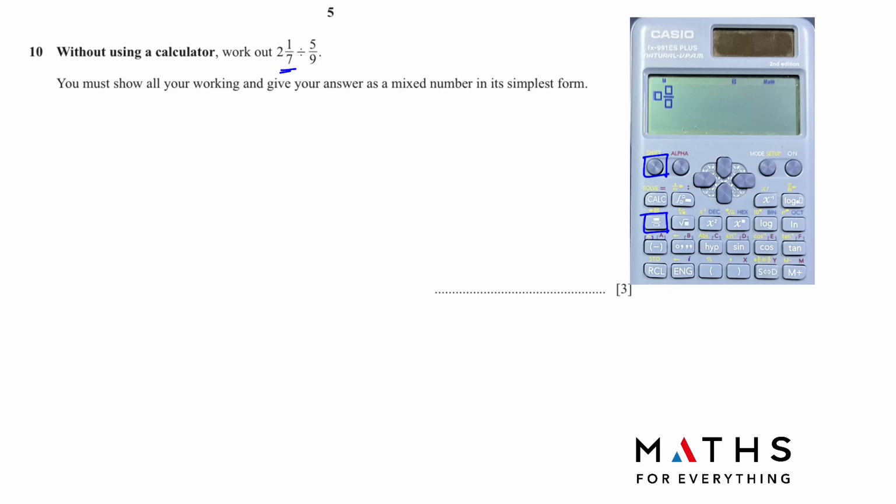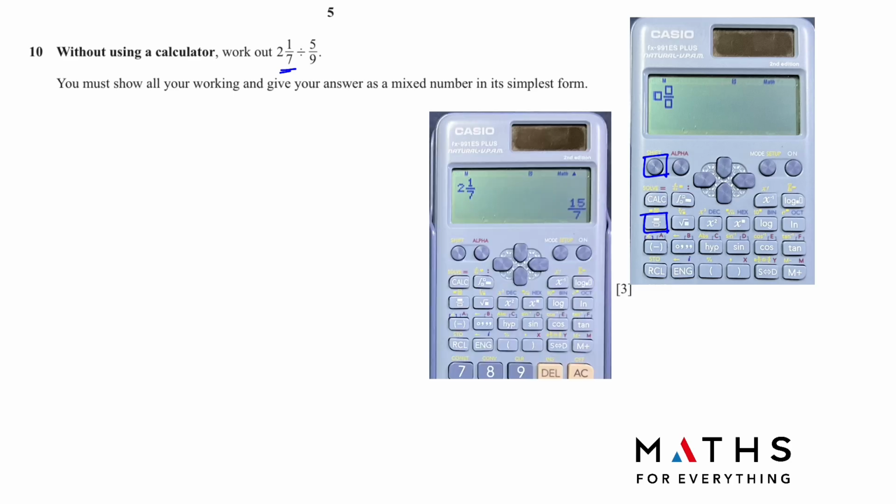You will get these 3 boxes. Some students, they press the fraction button and they will write 1 and 7 here and then they will put the 2 here. This is wrong. You will get a wrong answer. So this is how you put 2, 1 and 7. You press equal and you will get the improper fraction 15 over 7.